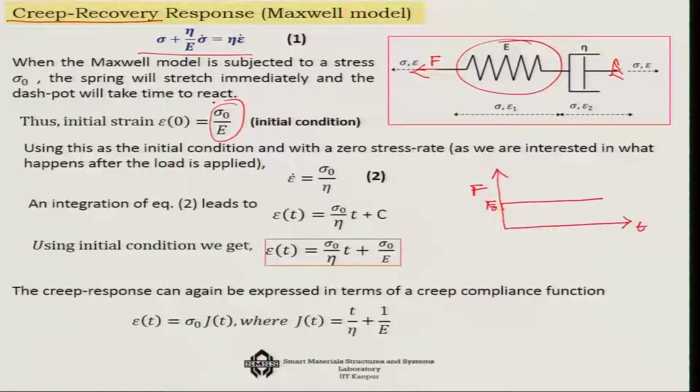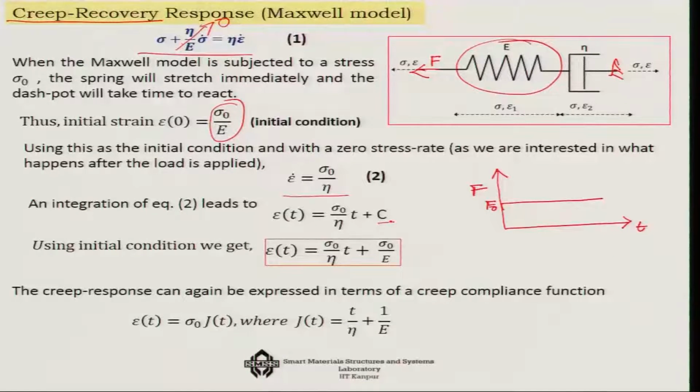Now, that is my initial condition, and then you will see that the stress is not changing anymore. So, there is no further stress rate that will come into the picture, which means this part will not be coming into the picture. So, you can write epsilon dot equals the initial stress sigma 0 over eta, and then you can integrate this equation to get sigma 0 over eta t plus C, where C is the integration constant.